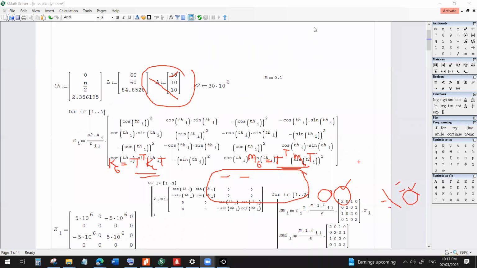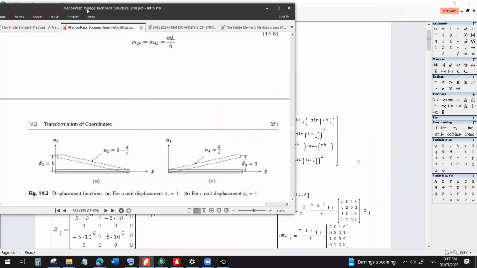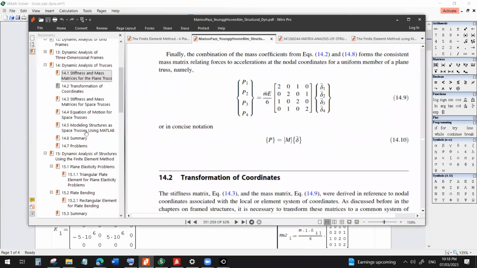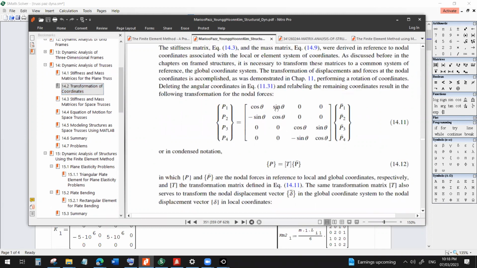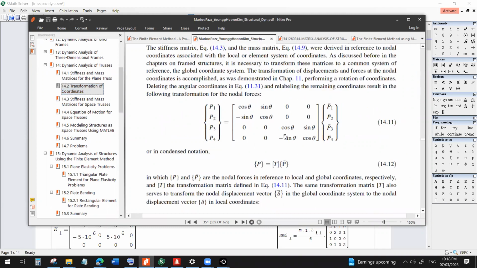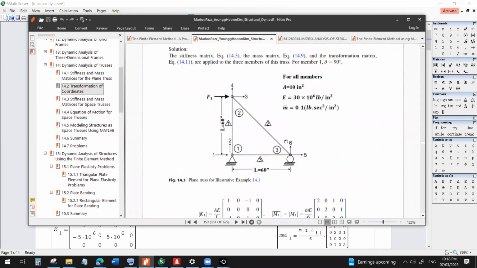Here's the problem again. This is the transformation matrix. What's the problem?